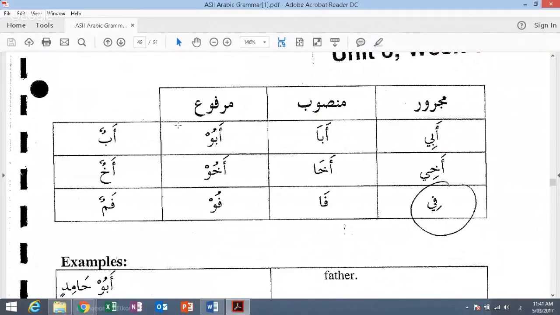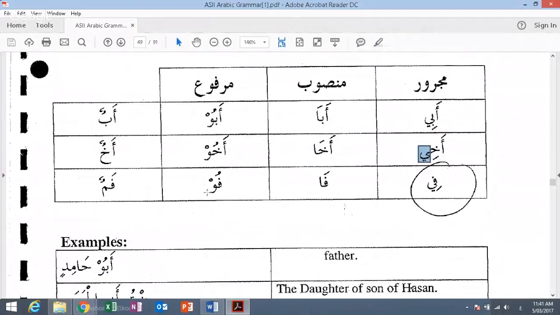Now you can see here the next page. See here. Abun, Rafi case will be like this, Abu. Nasbi case, Aba. Jarri case, Abi. And for Akhun, Akhu, and Akha, and Akhi. Very good.